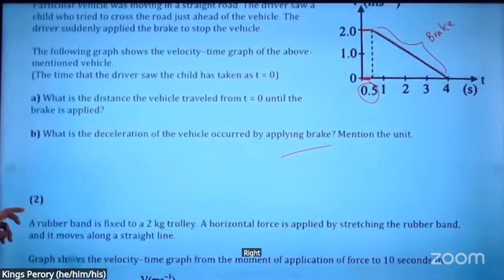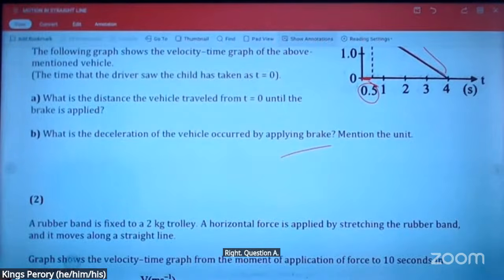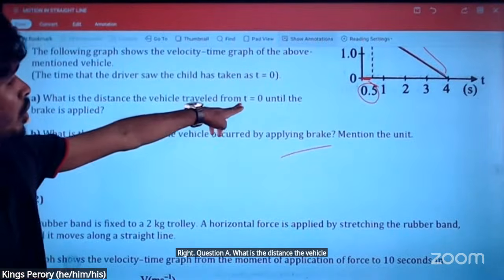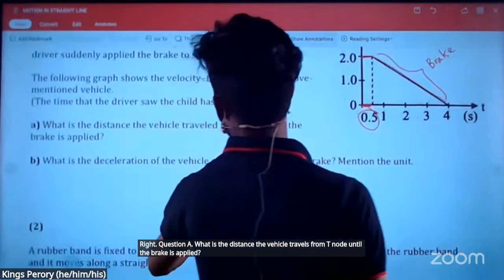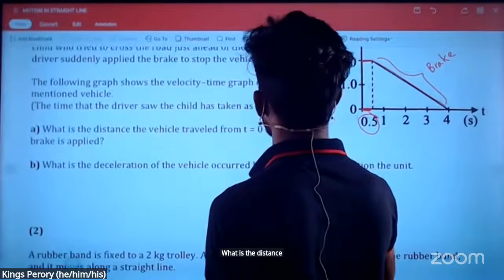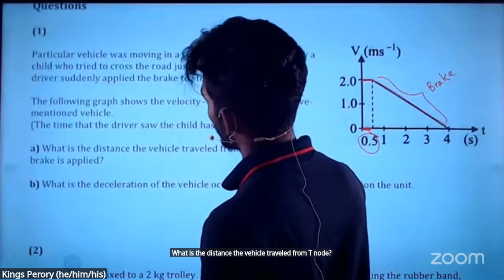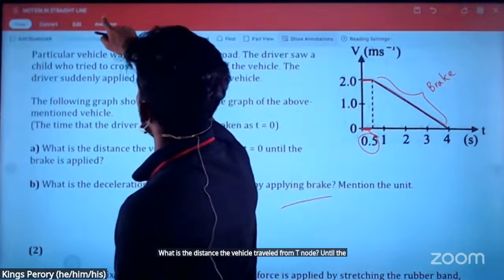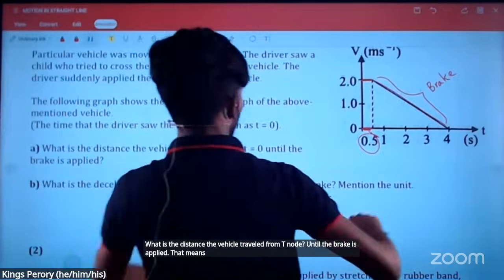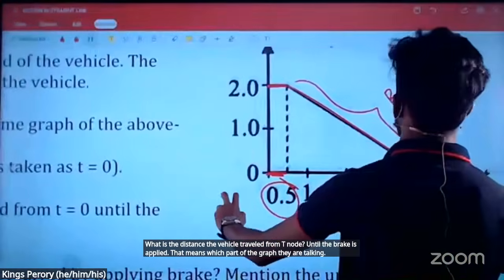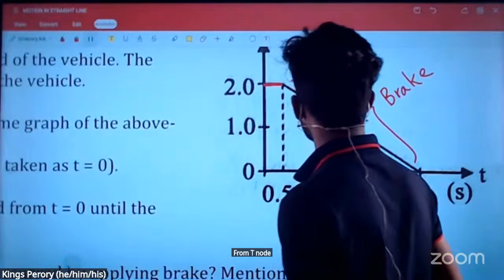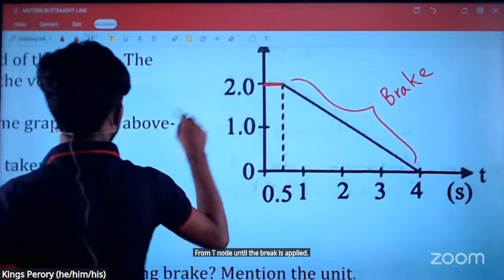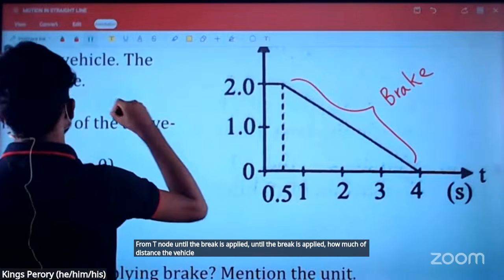Question A. What is the distance the vehicle travels from t0 until the brake is applied? That means which part of the graph are they talking about? From t0 until the brake is applied, how much distance is the vehicle traveling?